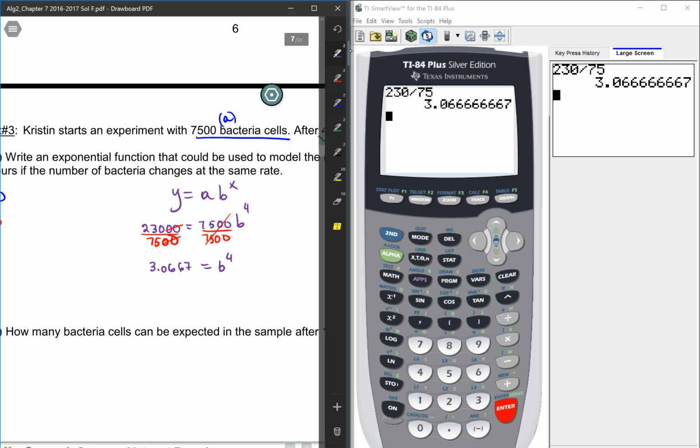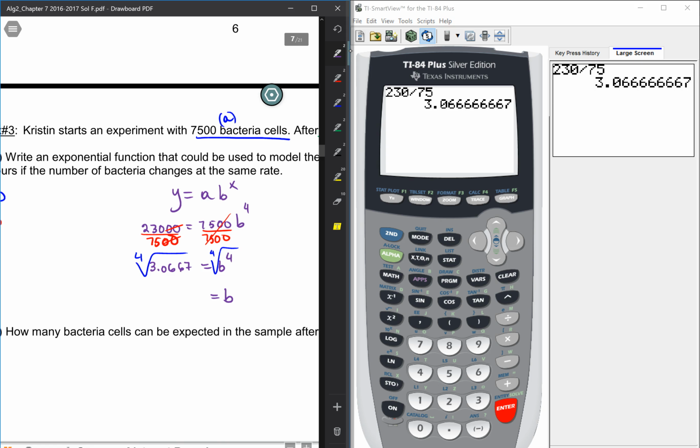All right, now, how am I going to solve for b? If b to the 4 equals this, what do I do? The 4th root of this and the 4th root of this. So that'll give me an expression for b. So now going back to your calculator, the 4th root is under Math, and it's that 5th option.